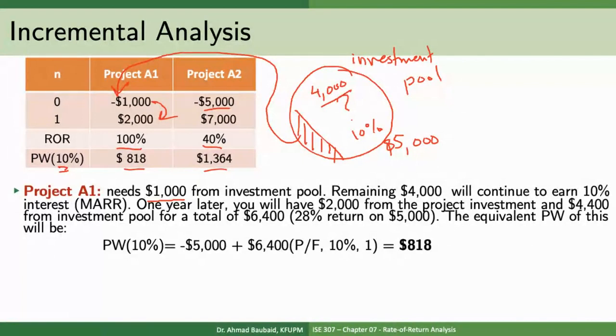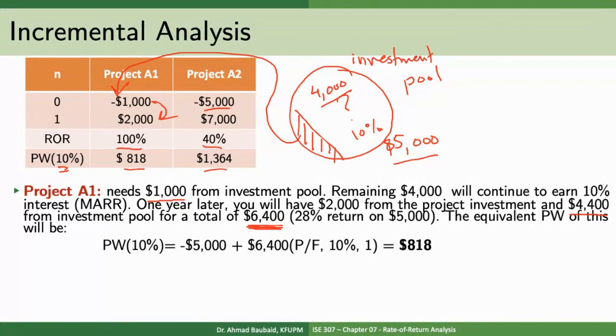So you're going to get $400 additional dollars, and so you're going to get $4,400 from the money sitting in the investment pool. And so the total that you're going to earn in year 1 is this much, which if you compare it to the $5,000 is a 28% return.